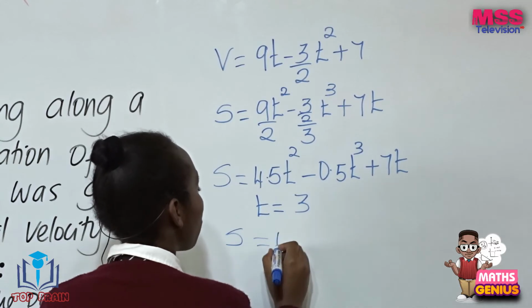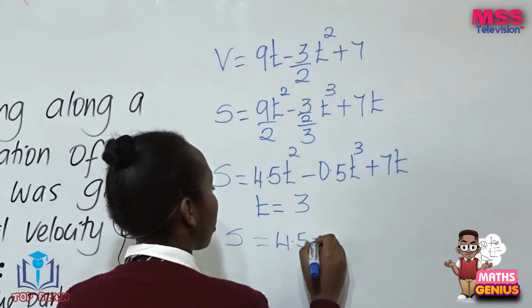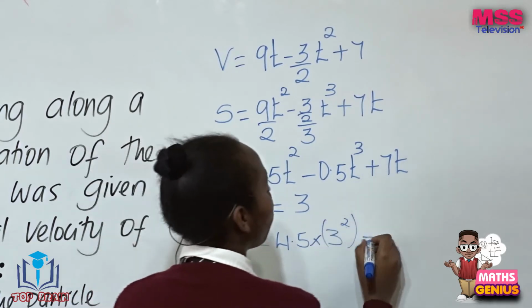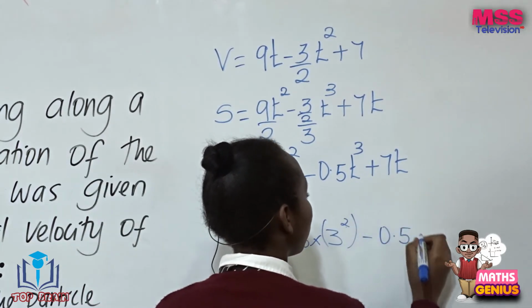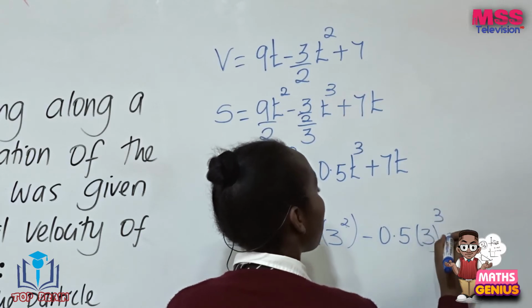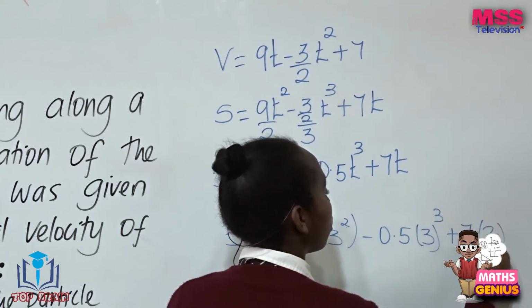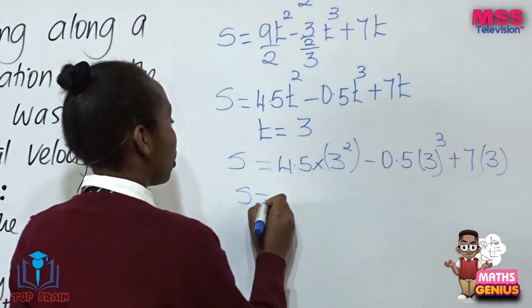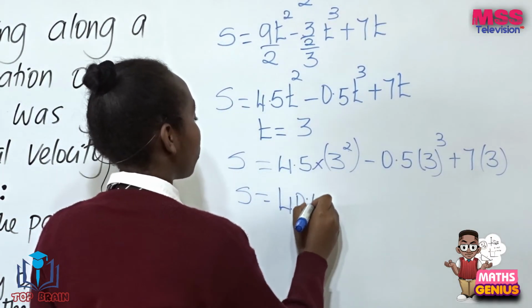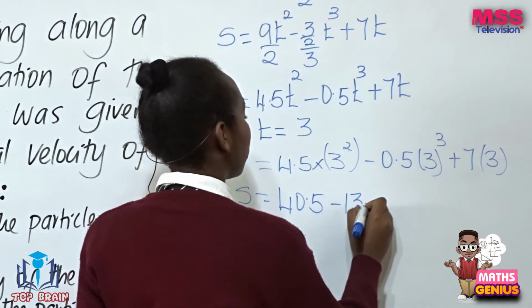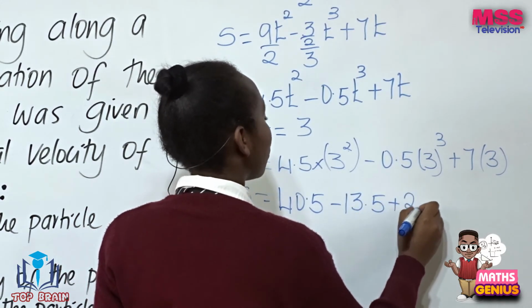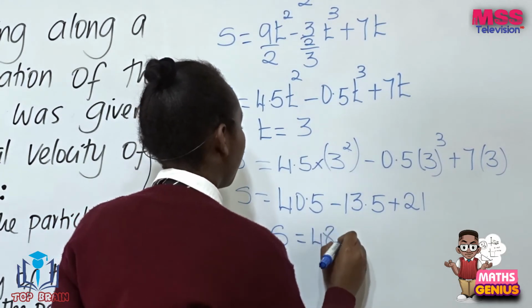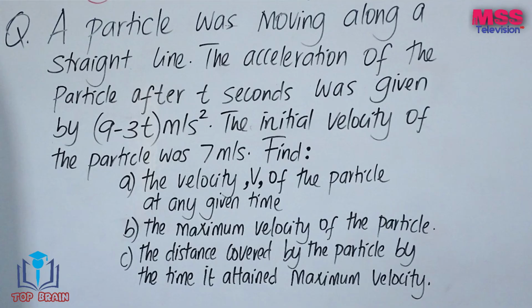Distance will be 4.5 times 3 squared, minus 0.5 times 3 cubed, plus 7 times 3. And we get the distance as 40.5 minus 13.5 plus 21. So the distance will be 48 meters, which is our answer on part C.